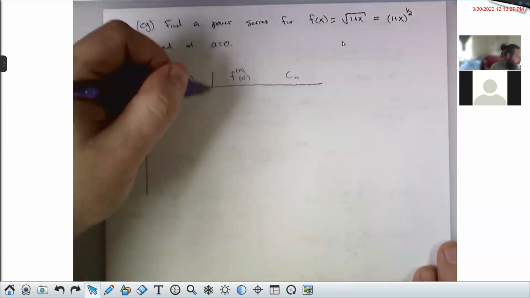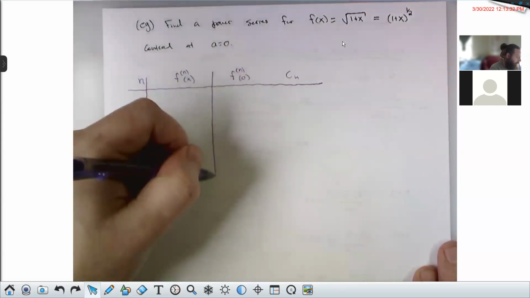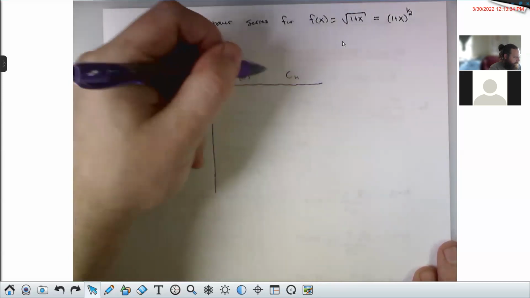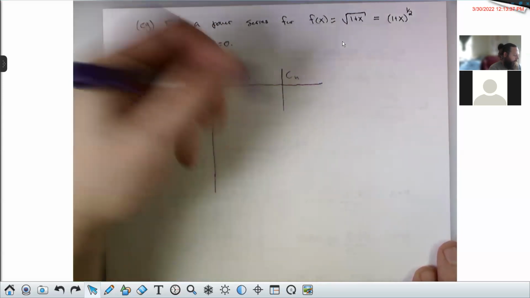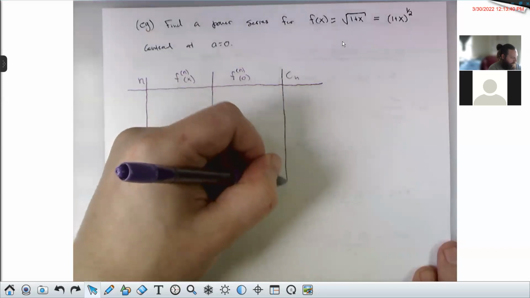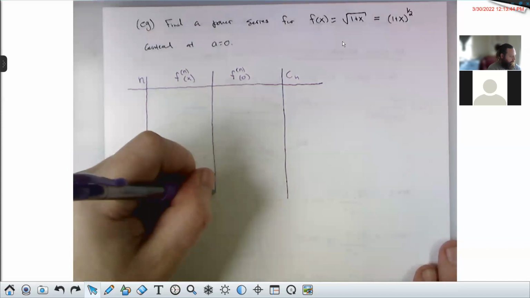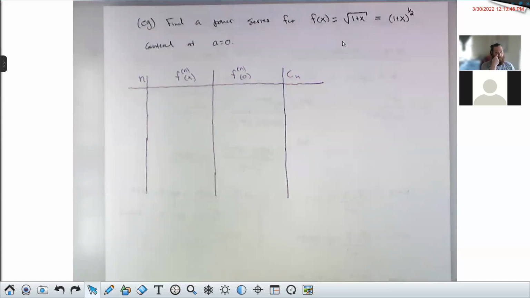I'm going to give myself lots and lots of space here because the derivatives for this function will get a little nasty. But we can handle it.